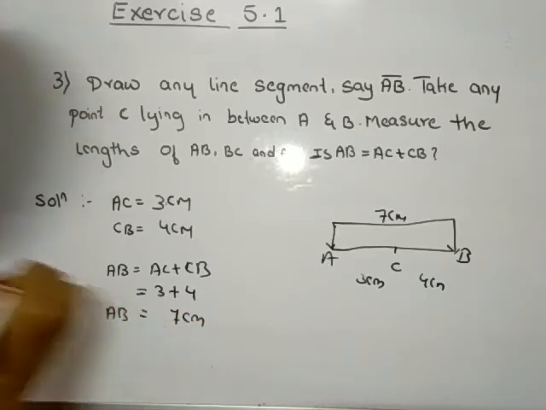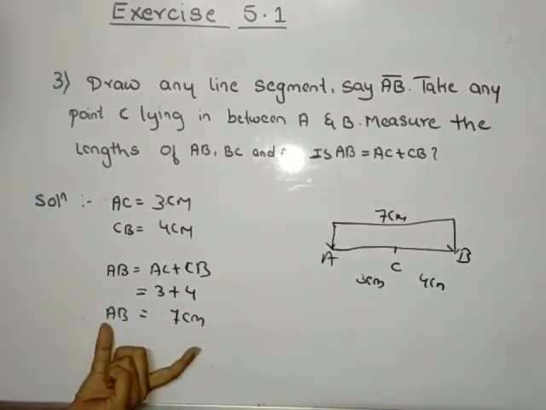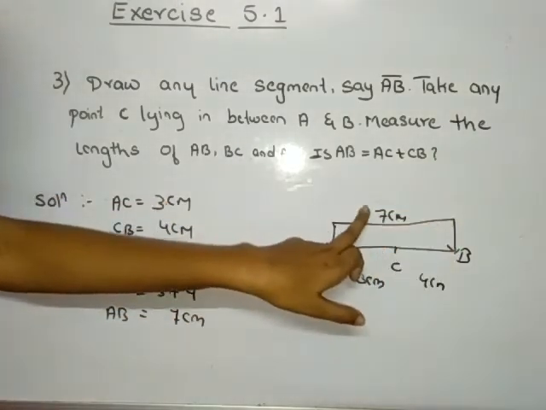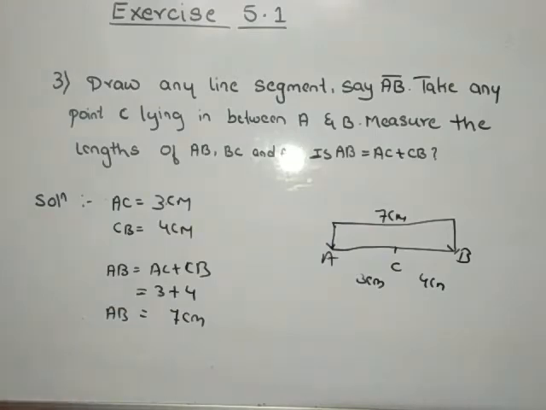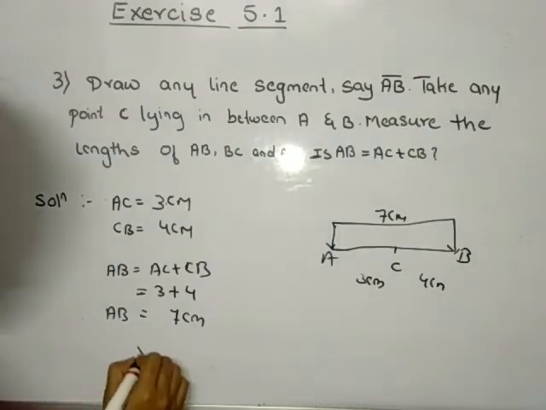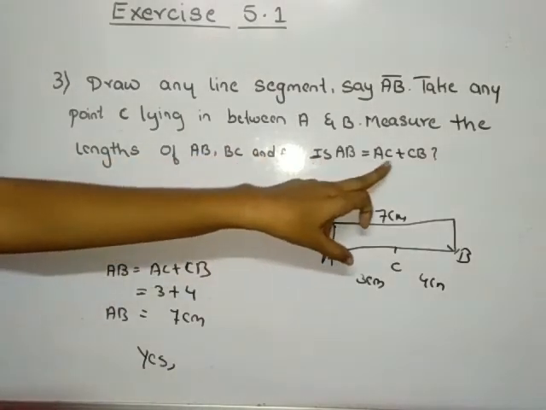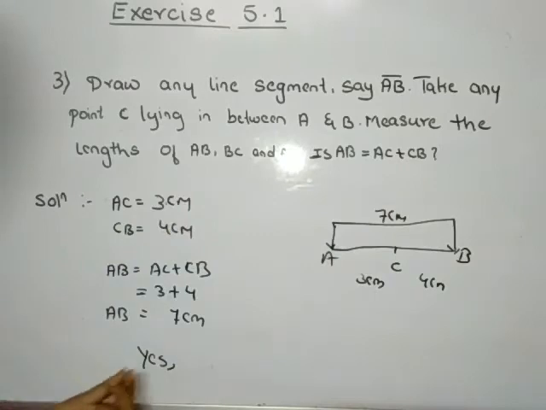That is AB here, isn't it? You can see here we also got 7 centimeter, and in the diagram also we got 7 centimeter. So we'll write the answer as yes. What they asked is whether AB is equal to AC plus CB. Yes, they are equal. Okay, so we'll move to the fourth question.